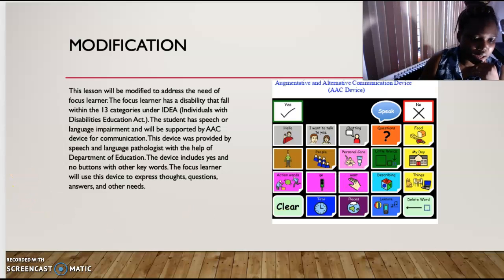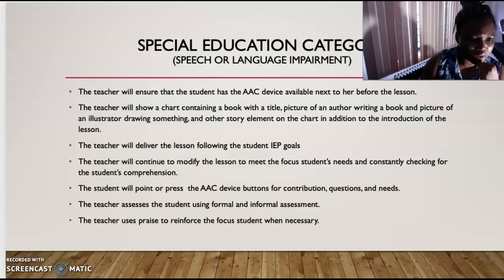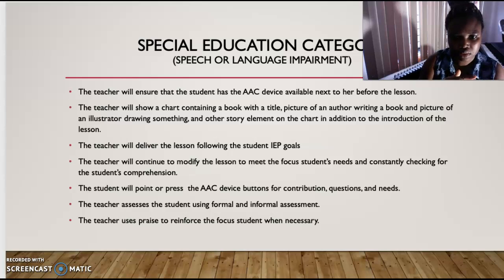And then right here I have the special needs category. This is where the IEP goal is explained, and how we are going to assist the special needs child to make sure that the kid truly understands the lesson, and how the lesson is going to be taught to him.